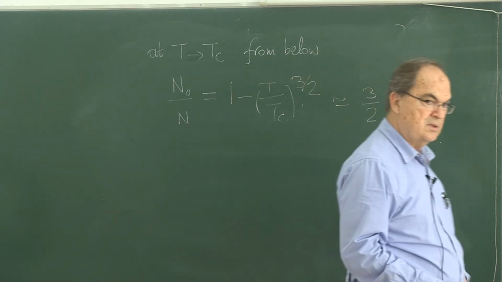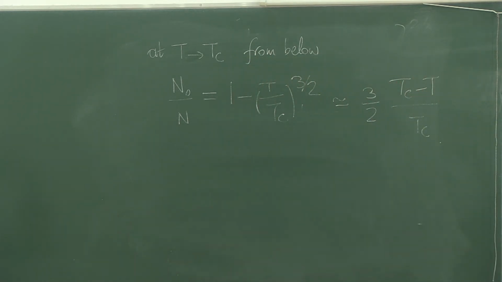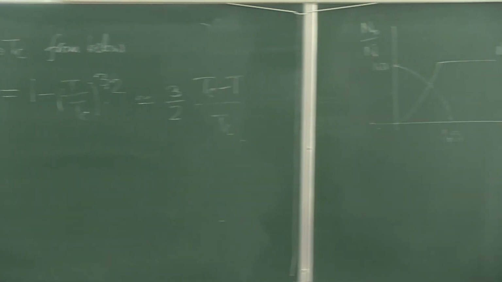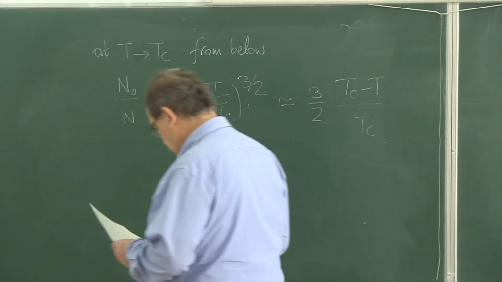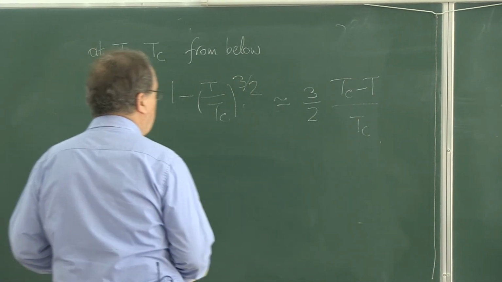When T equals Tc, that's 0, isn't it? Exactly the picture. It is 0 at T equals Tc. It starts growing afterwards when T becomes smaller than that.